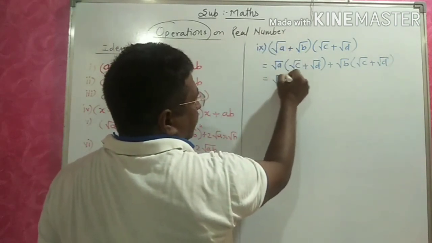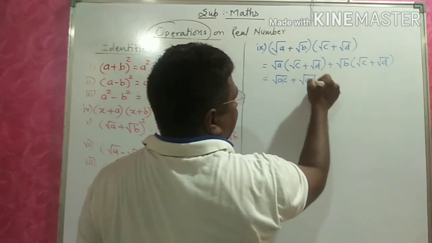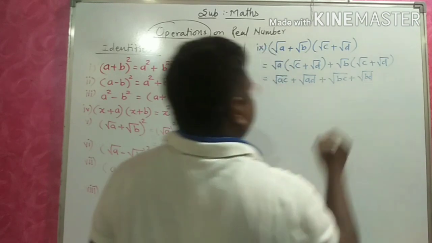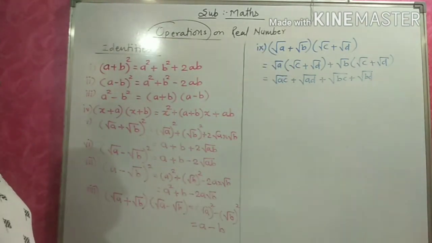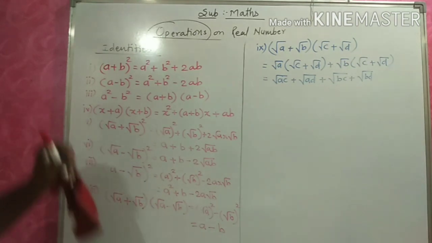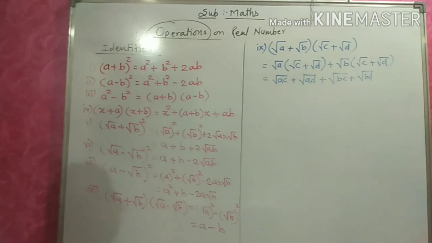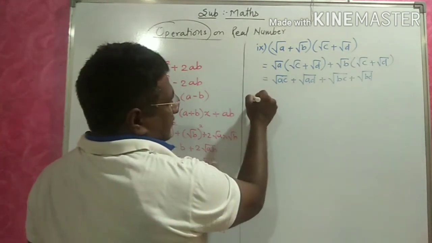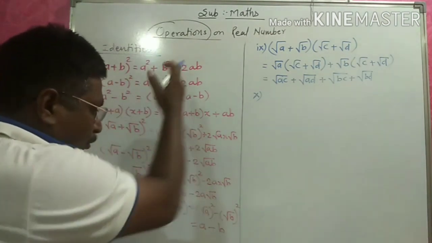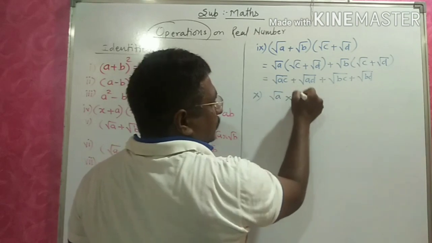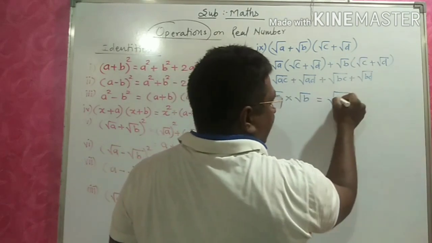Root AC plus root AD plus root BC plus root BD. So in this way we can do it. These are the main identities for solving this while doing the operations. Before this we cannot do these identities. So what is that? Root A into root B equals root AB.